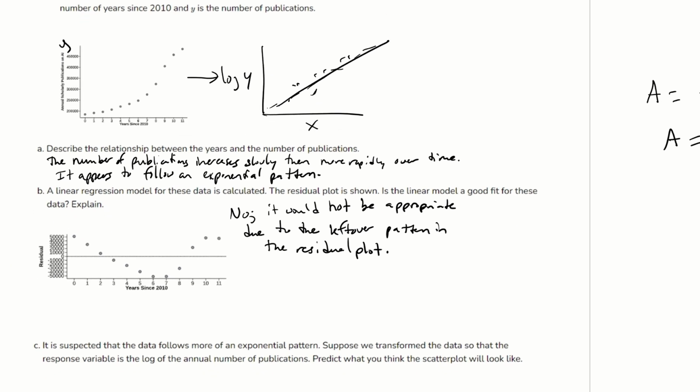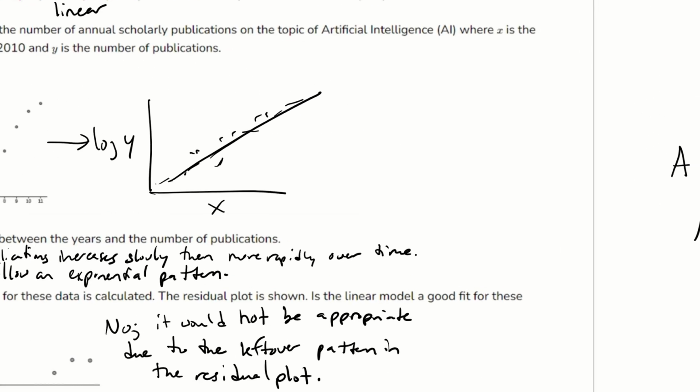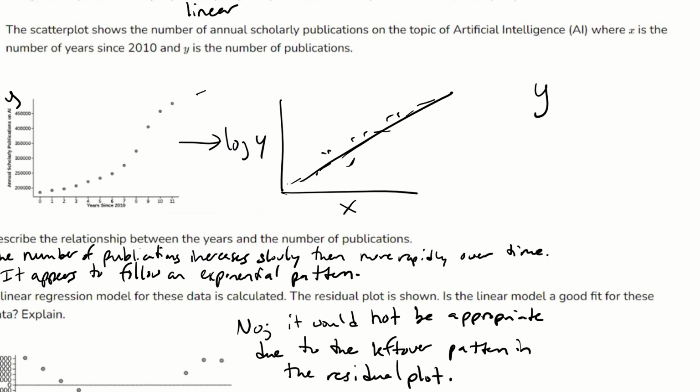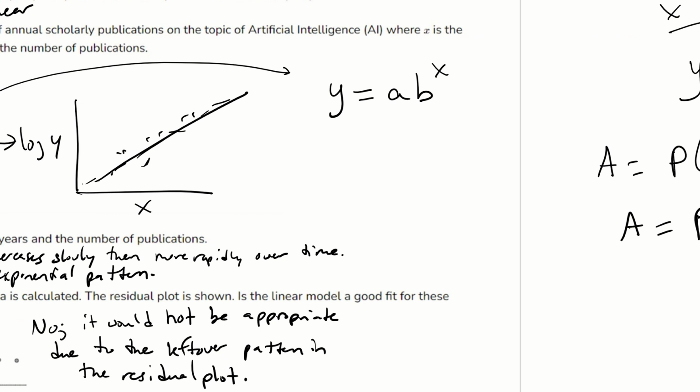The reason being is that if this is supposed to be an exponential, then it would follow the template y equals a b to the x power, right? If I take the log of both sides, I would get log of y equals log of a b to the x. Actually, first I'm going to split this up into log of a plus log of b to the x.